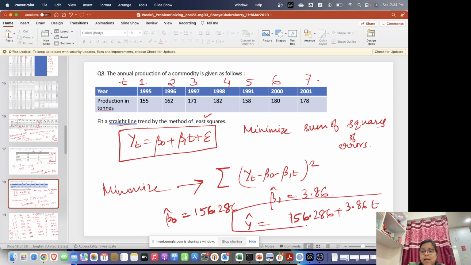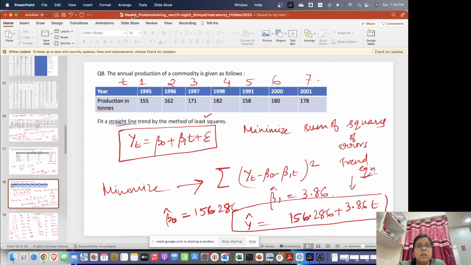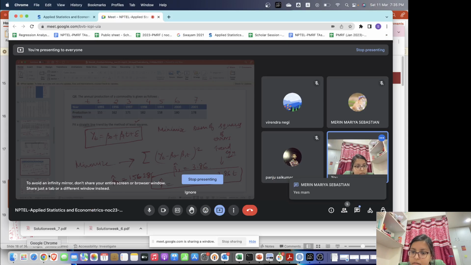So this is my trend equation, the required trend equation. Is it clear? Okay.